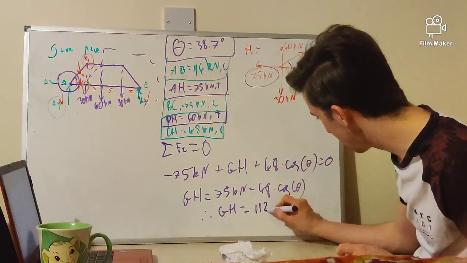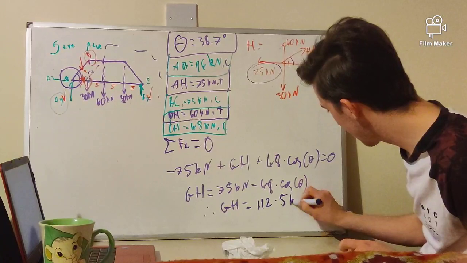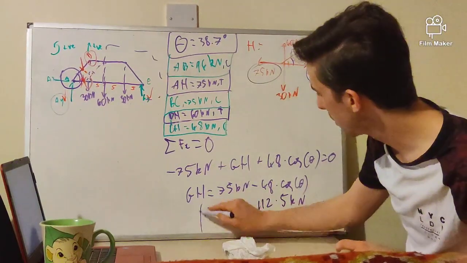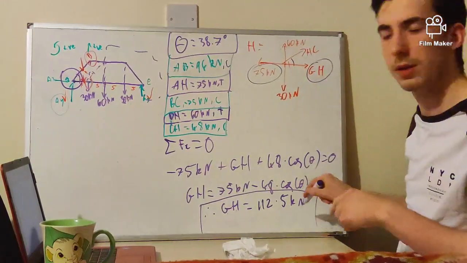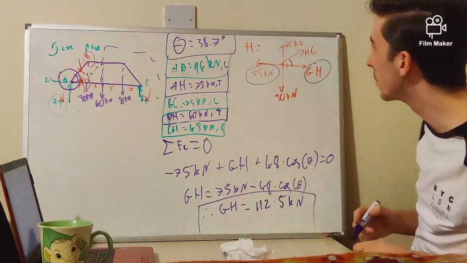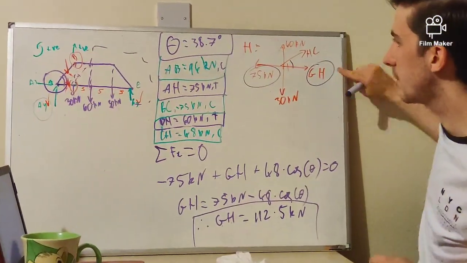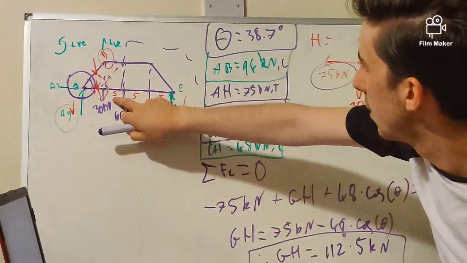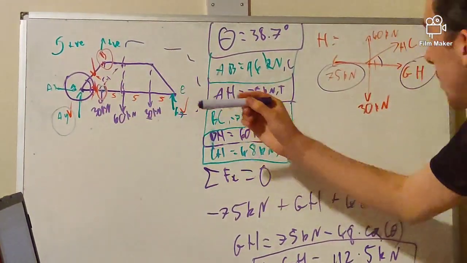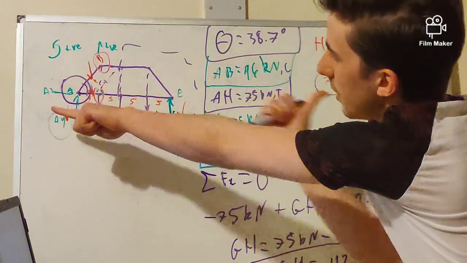112.5 kilonewtons. Can you see that? Yes. 112 kilonewtons. And this beam here, which is this one, that's going to be acting that way, that's going to be acting that way.